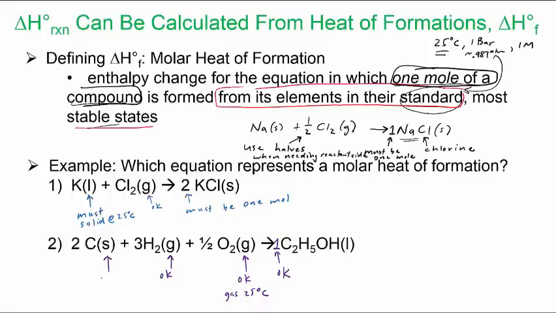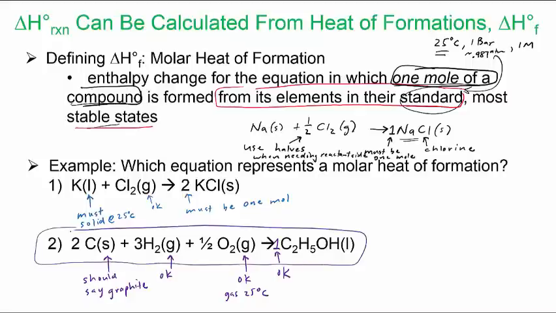Technically this should actually say graphite, because carbon in its solid form can have different forms, but under its most stable state, it should be graphite. So if I had to pick one, number two would be correct, but technically the carbon there should specify graphite. And this is okay too because ethanol is a liquid at 25 C.